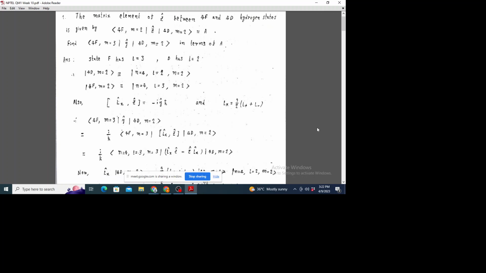That is what I have done here, and there is this i by h-bar factor in front that comes from the commutation relation. So in place of y, I have written the commutator between Lx and z, for f m equal to 3 and for d m equal to 2, with the y operator sandwiched between them.